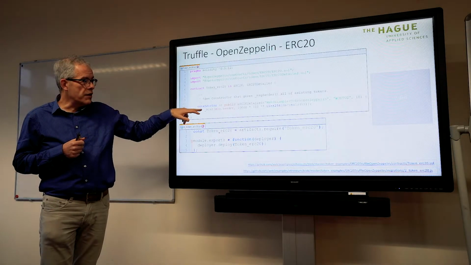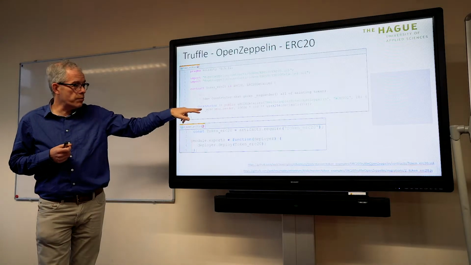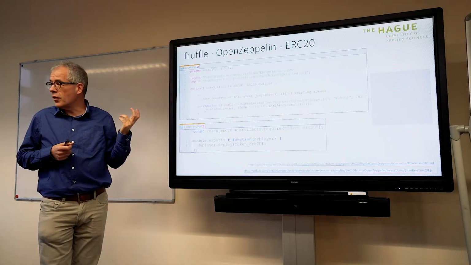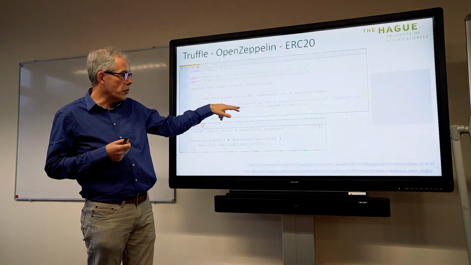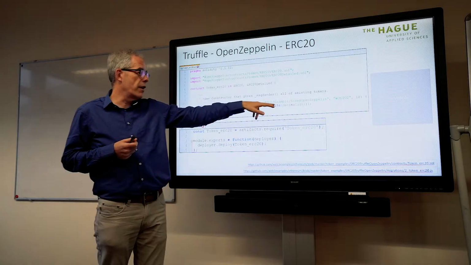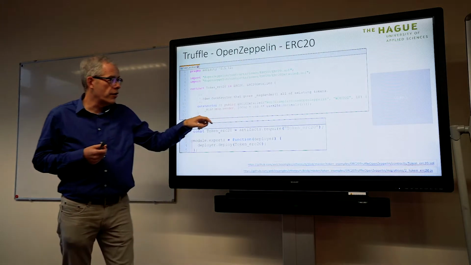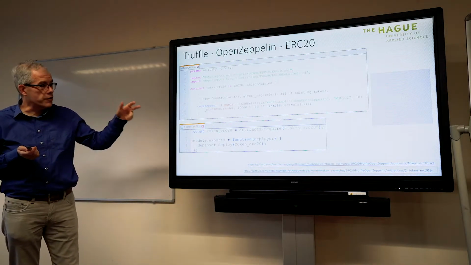And we are going to say here how many tokens we have. There's a function called mint, which creates the tokens. In this case we are doing 10,000 tokens times 10 to the power number of decimals. So that's a one with lots of zeros. You can change that in here.